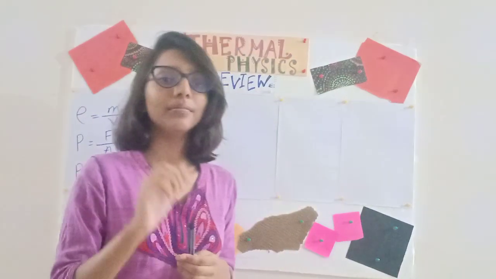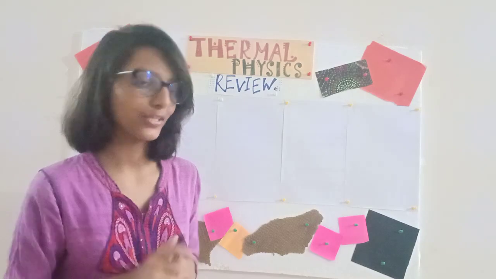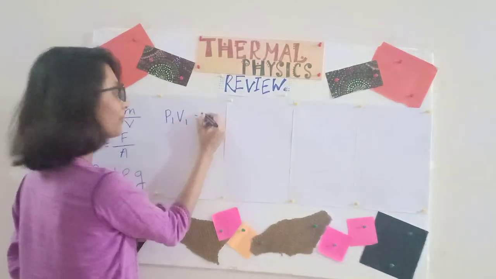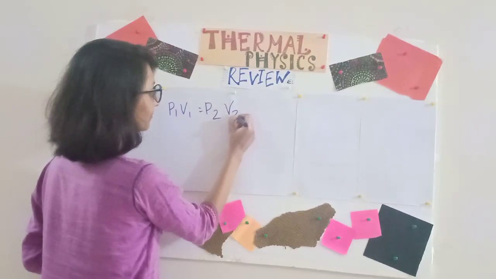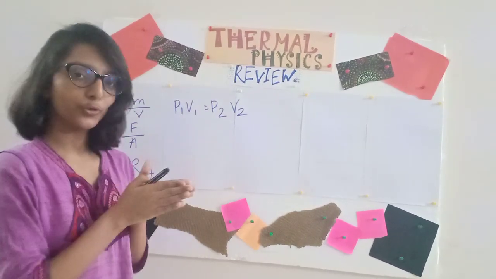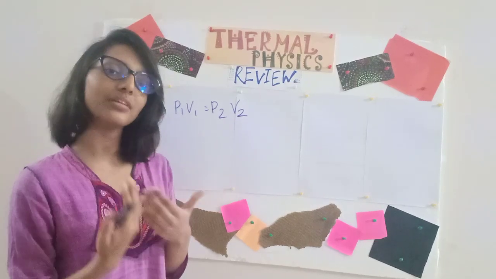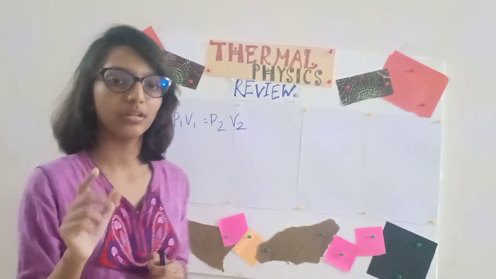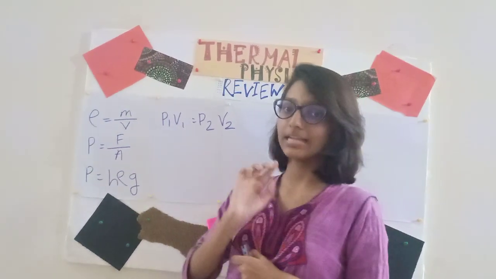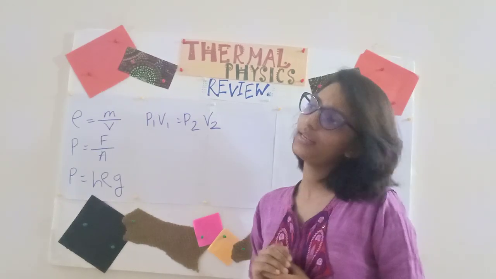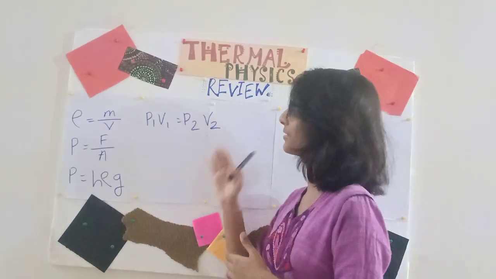Now, some time ago I spoke about Boyle's Law, P1 V1 equals P2 V2. Very nice equation. It shows that when the temperature is constant, the pressure-volume relationship is inversely proportional, which shows that if pressure changes, then volume changes.